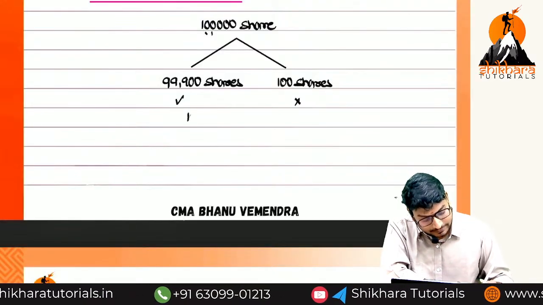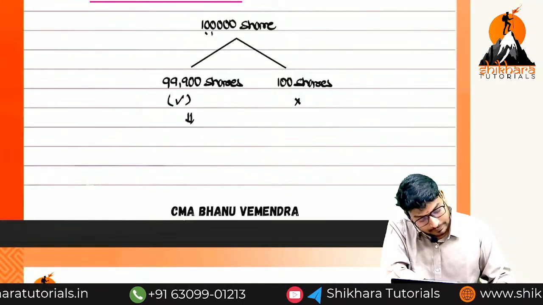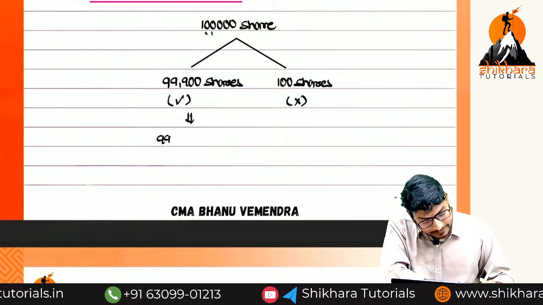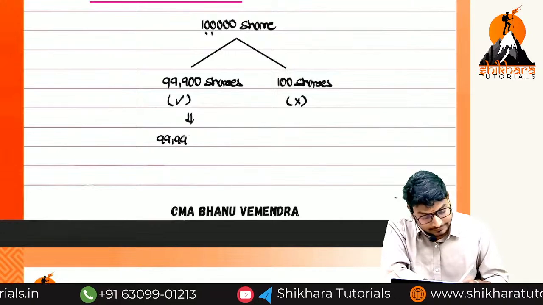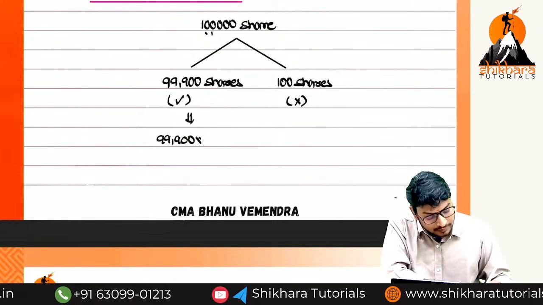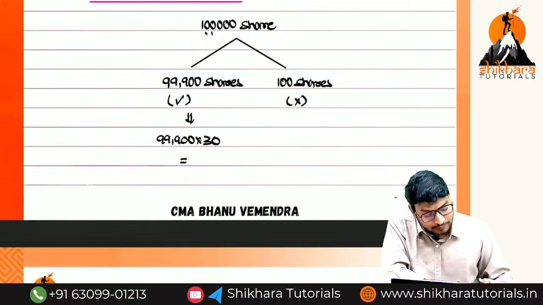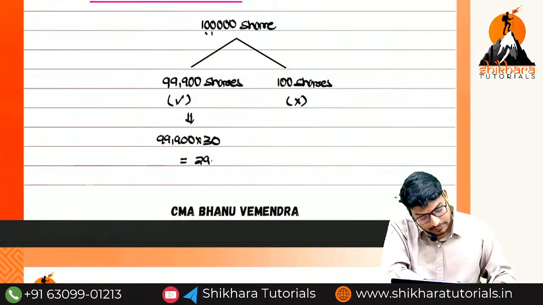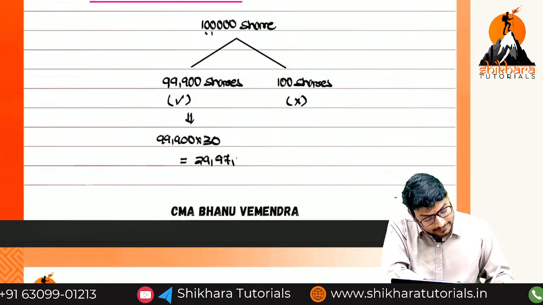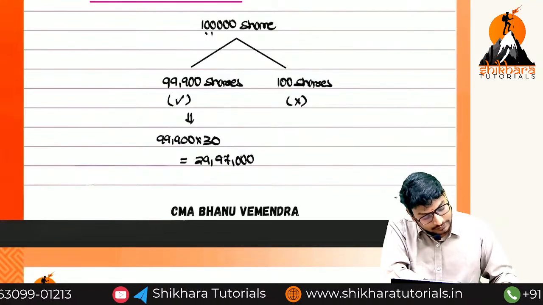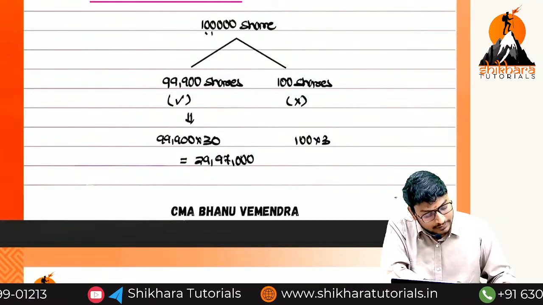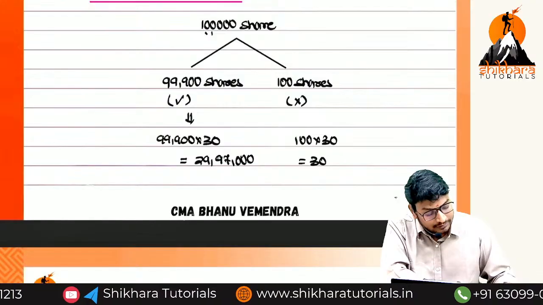99,900 into 30 is equal to 29,97,000. Here 100 into 30 is equal to 3,000.